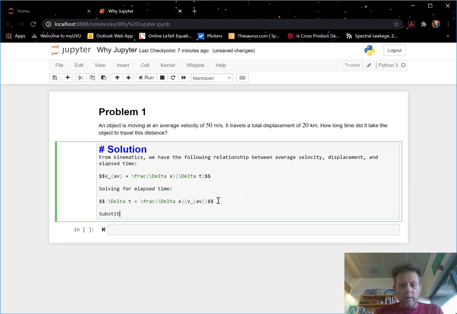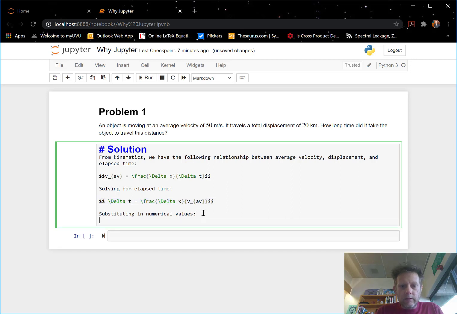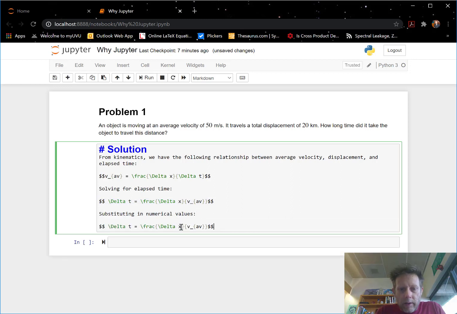Substituting in numerical values. I'm just gonna copy paste right here. We got our displacement was 20 kilometers, so that's 20,000 meters. I'm gonna keep this in same units.